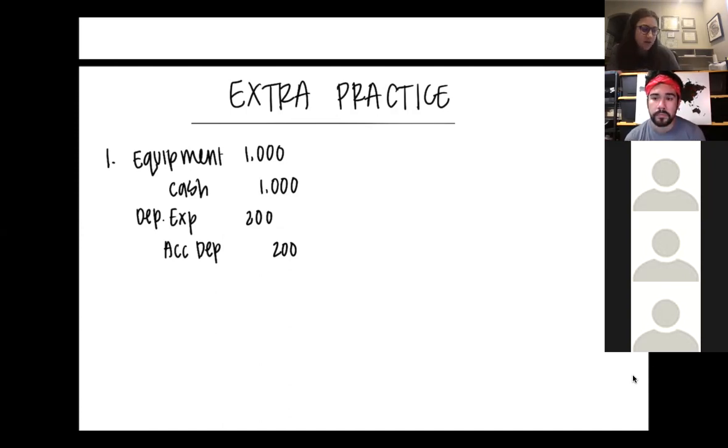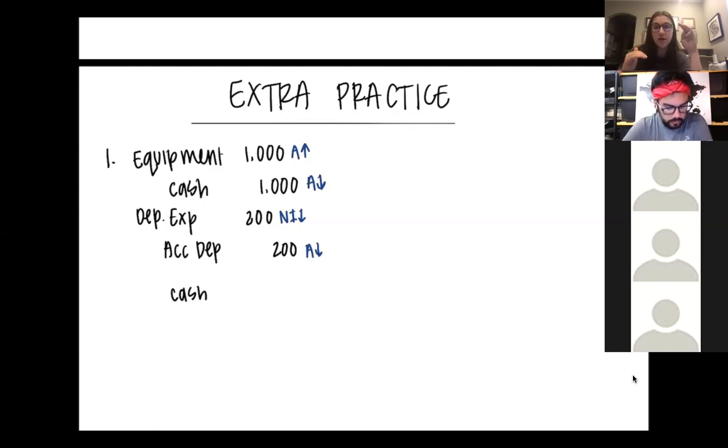Okay, what's next, Sanjay? Because we didn't record it, equipment would be lowered for assets, and so that wouldn't make any difference. So when you purchased equipment and you used cash for it, your assets going up and your assets going down at the same rate because you're purchasing equipment.